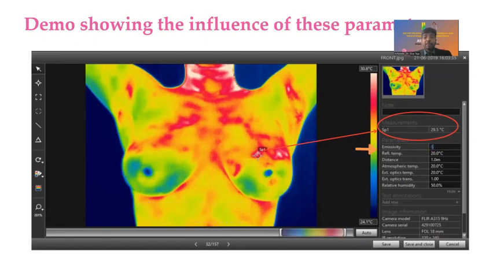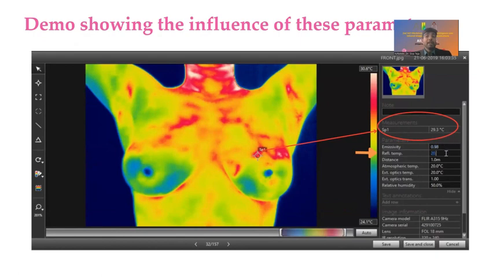If I change this value to 0.98, you can see that the temperature dropped by 0.2 degrees centigrade. And this is not a uniform change. It depends on the pixel also. If we change the reflected temperature, we again saw a dip in the temperature. Whereas when we adjusted atmospheric temperature, relative humidity or the distance, it didn't impact that much. These effects might also get influenced depending on the temperature values we see.